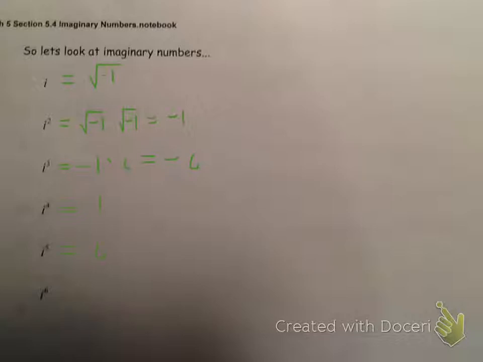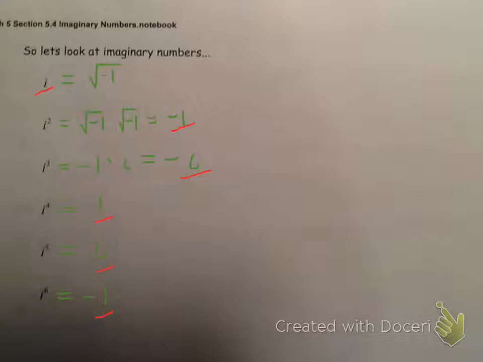And i to the sixth would be i to the fifth times i, which would be i squared, and i squared, as we did above, is negative 1. So you start to see the pattern: i, negative 1, negative i, 1, i, negative 1, etc.